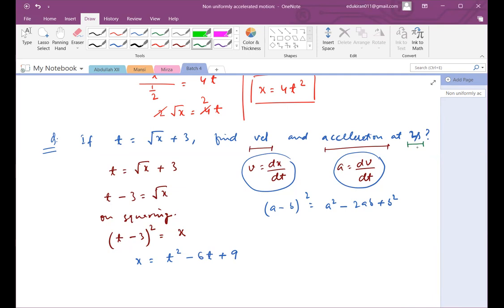Okay, Disham, so find your value at t is equal to 2 seconds. Minashi, just check your calculation.